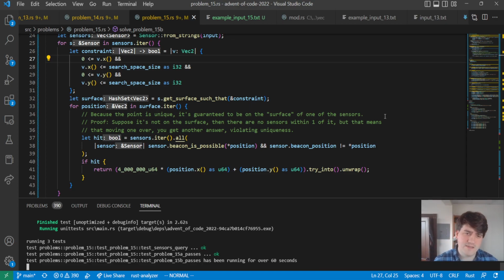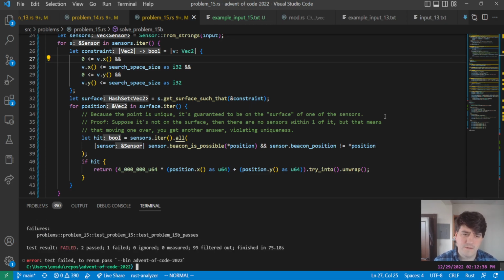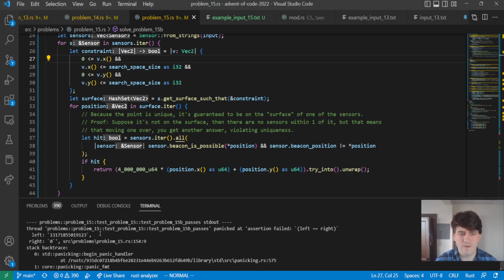We're checking the best sensors possible first. Still failed. Oh, yeah, okay. It failed, but we get an answer. It's a little over a minute. I mean, on release mode, this would be faster, for sure.